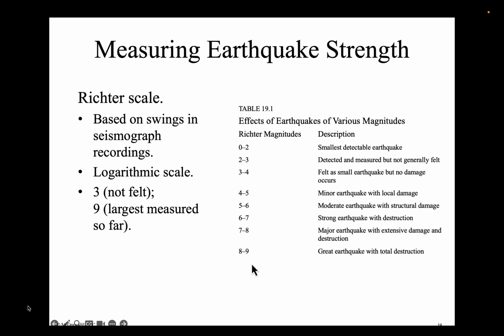All right. Usually those ones that are below 3, they are detectable, but they are usually not felt. And those ones above 3, they can be felt and some damage can occur.